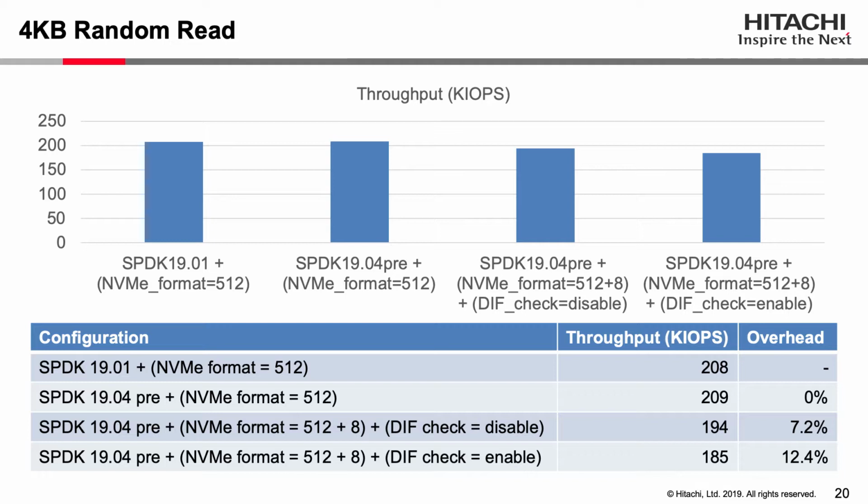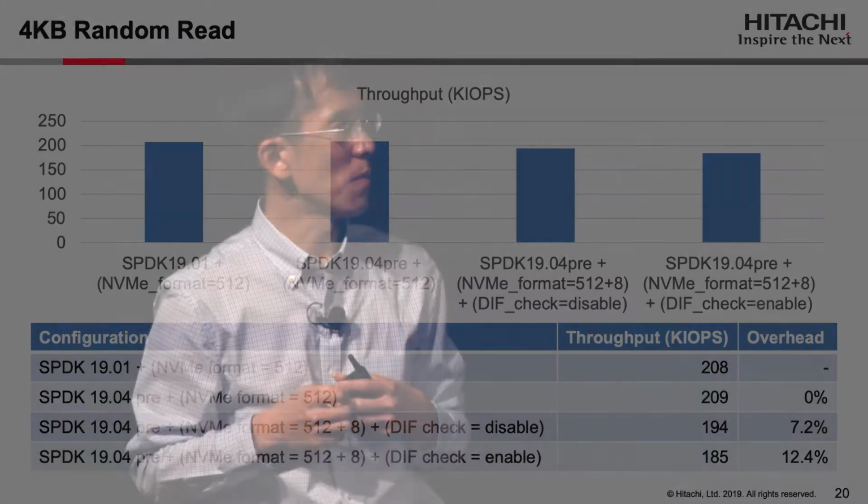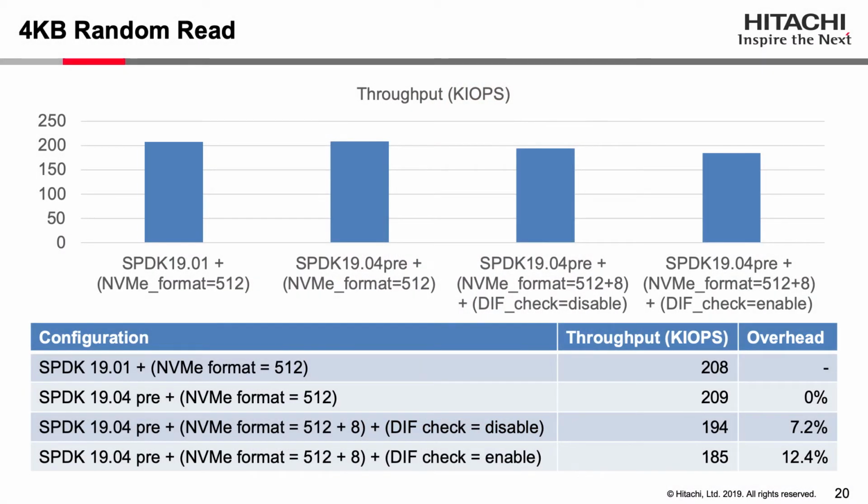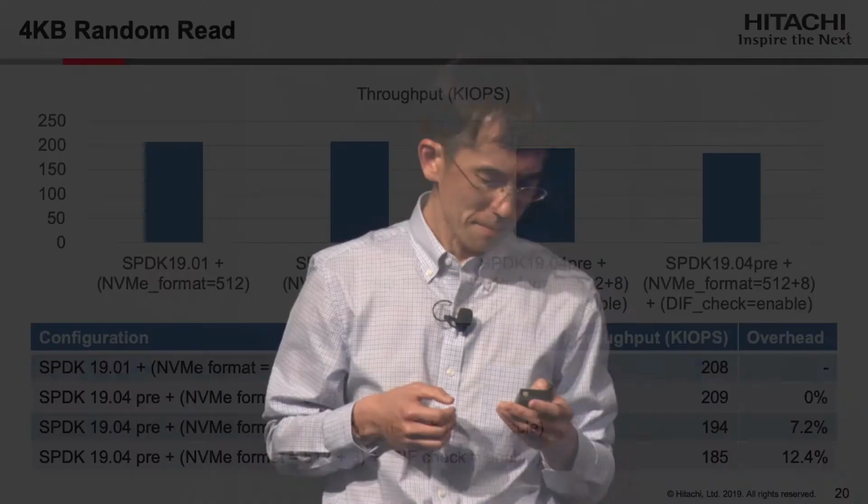And the third one is we use an NVMe SSD formatted with 512+8, but we disabled DIF check. In this case, the overhead was 7.2%, and on top of the third one, when I enabled DIF check, the additional overhead was 5.2%. So total overhead was almost the same, 12.4%.